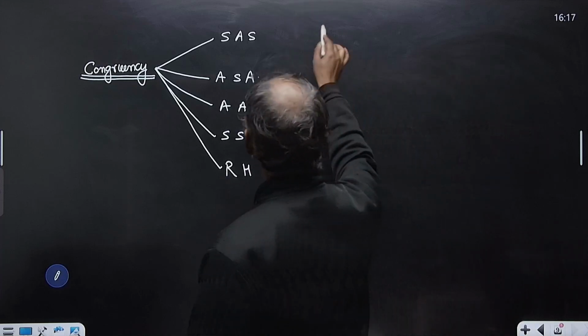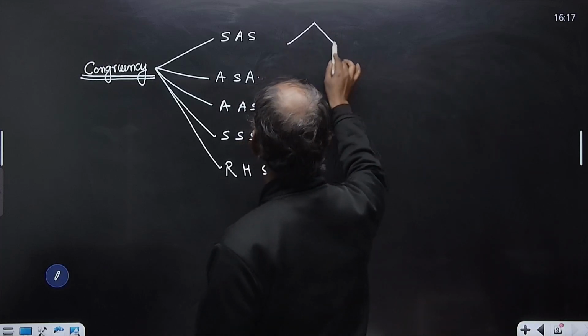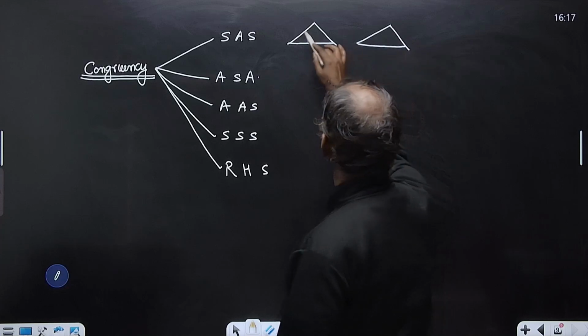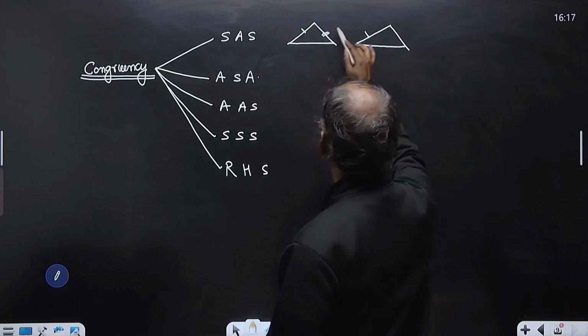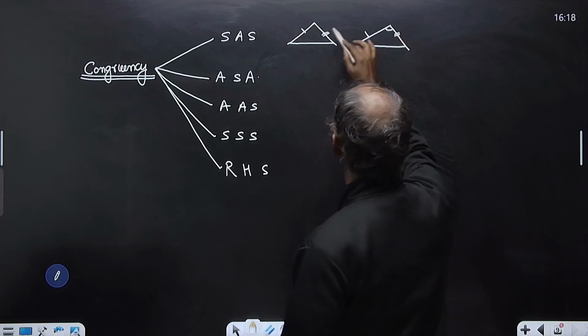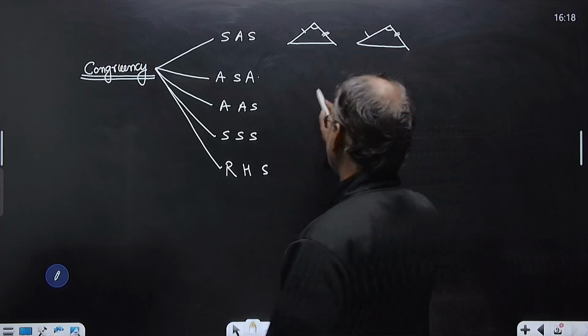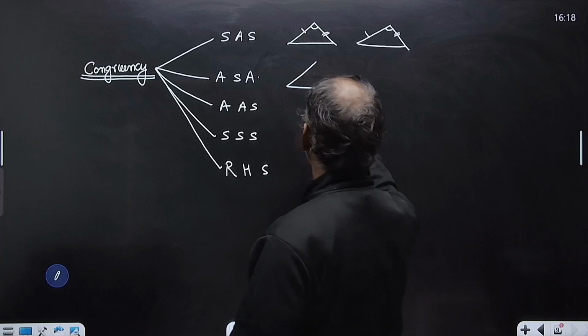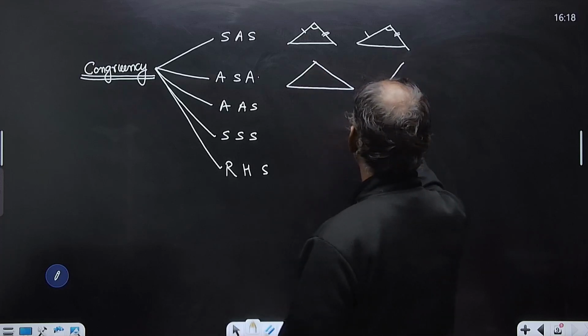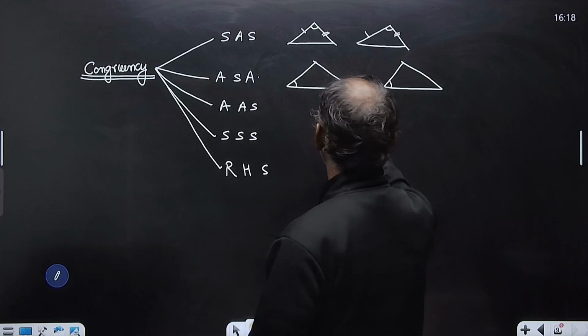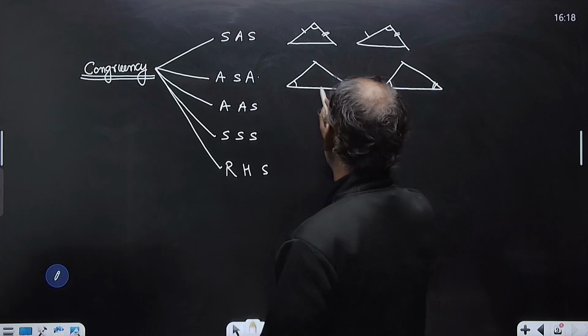Side angle side means you are dealing with two triangles: sides and the included angle. Angle side angle would mean two angles and the included side.